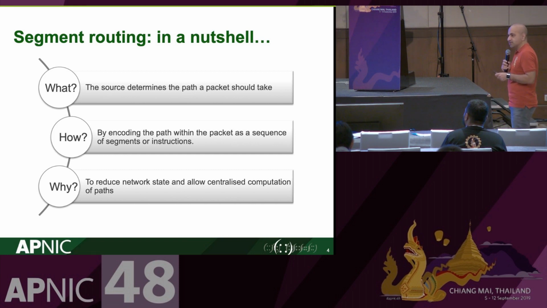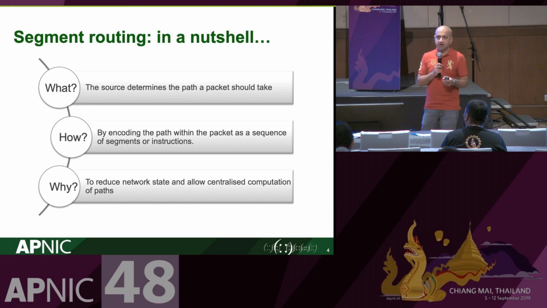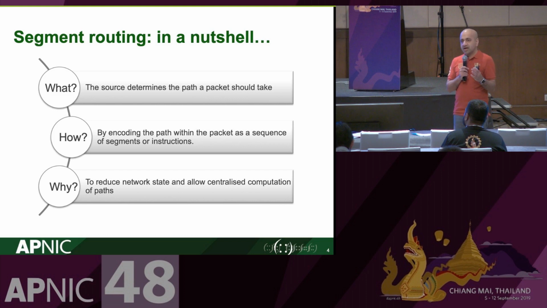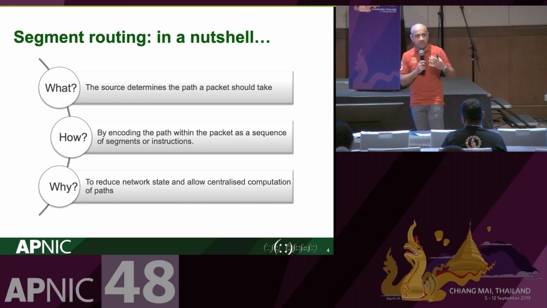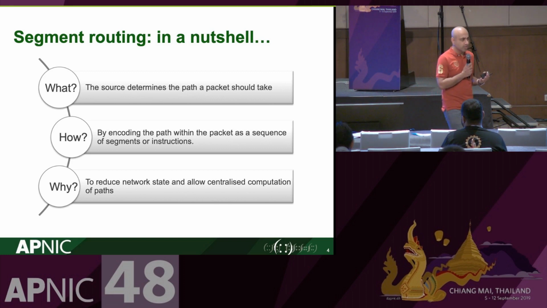The second reason is that it allows centralized computation of paths. This segment routing paradigm is quite key to a lot of SDN deployments, because in an SDN deployment, we are delegating some control plane functions to a central controller.